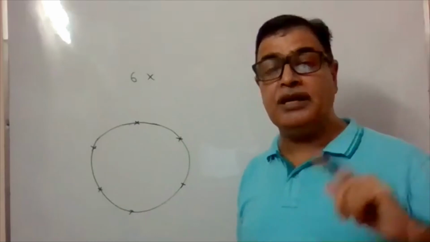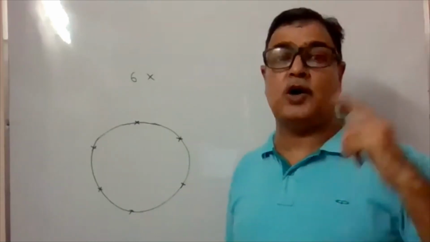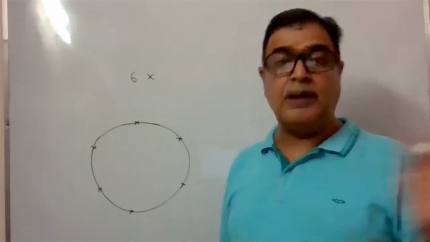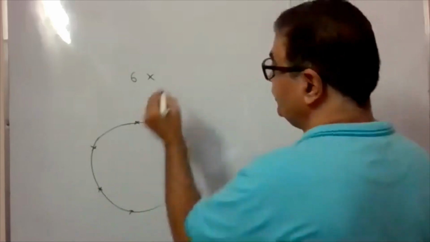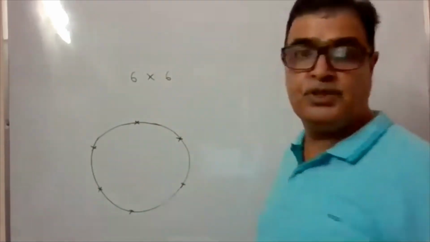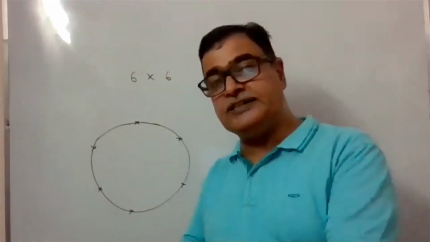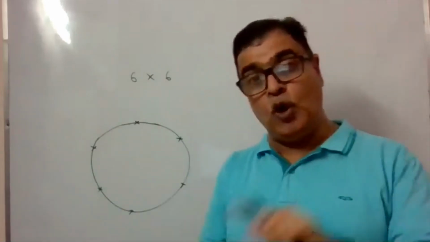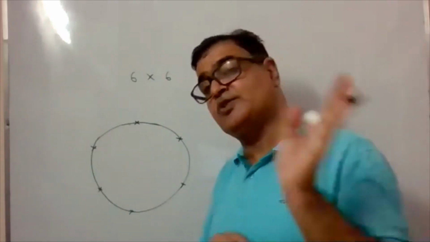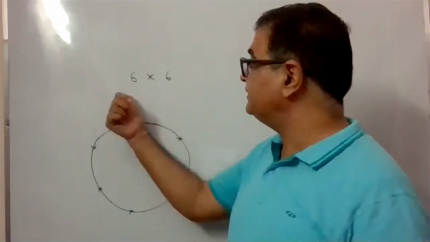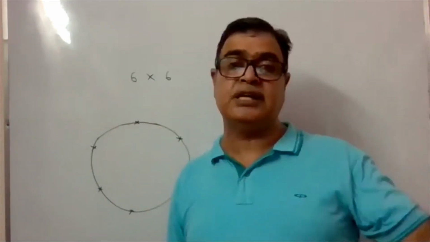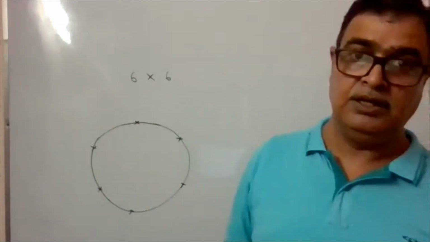Again, when he is coming out, we have 6 options to come out. So one job is to get inside, one to come out, and the whole procedure is to be done, means he has to go inside and come out. We will say total cases will be 6 into 6, 36 cases in all.